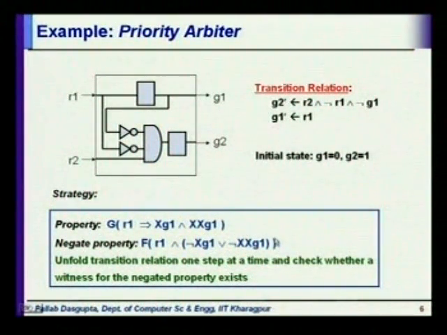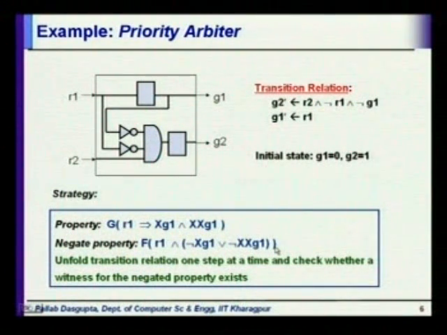Now, what we will try to do is we will unfold this property over time steps, we will unfold the transition relation over time steps and see whether there is a satisfying witness in the conjunction of the two, right. So, if we are able to find out a satisfying witness in the conjunction of the two, then we have found out a witness for the negated property, which means that the original property does not hold.